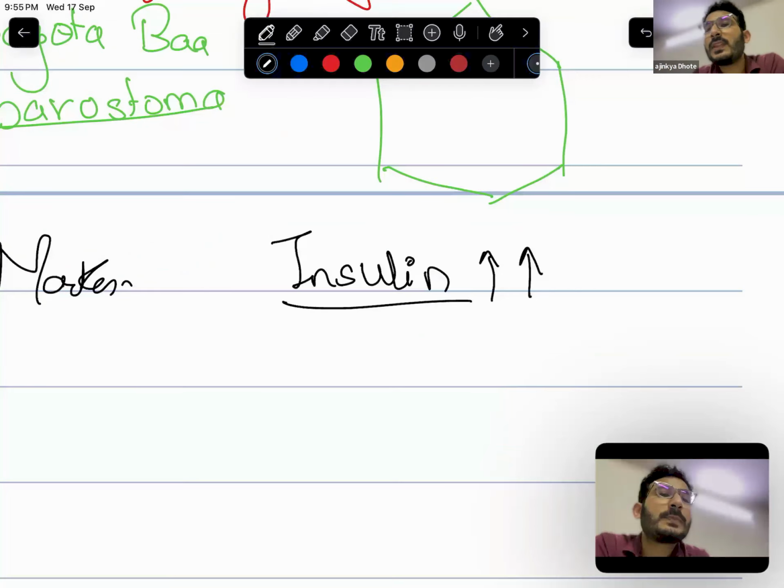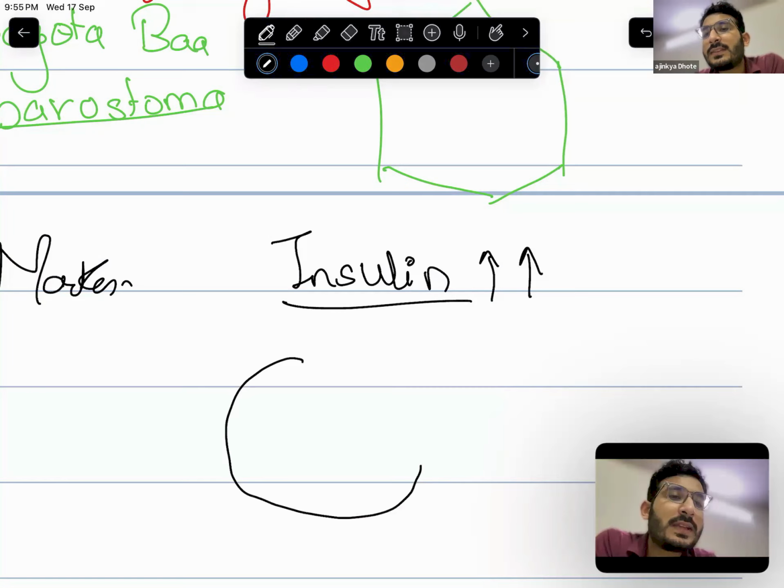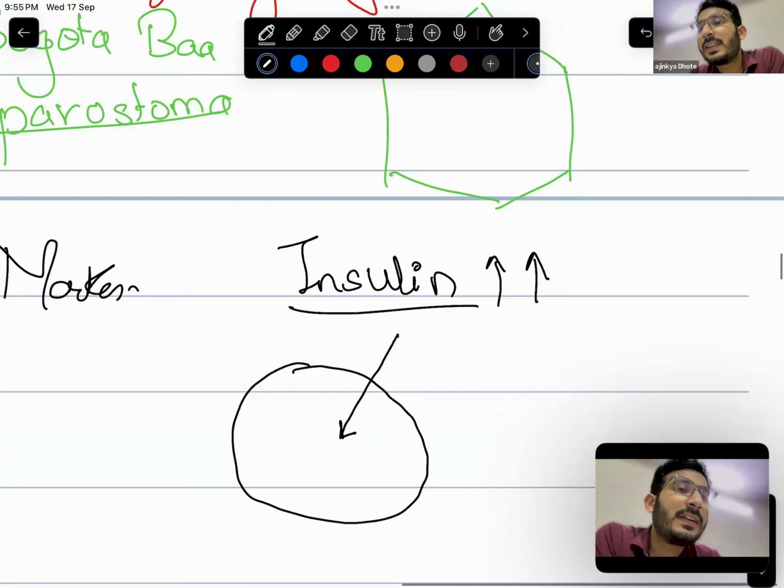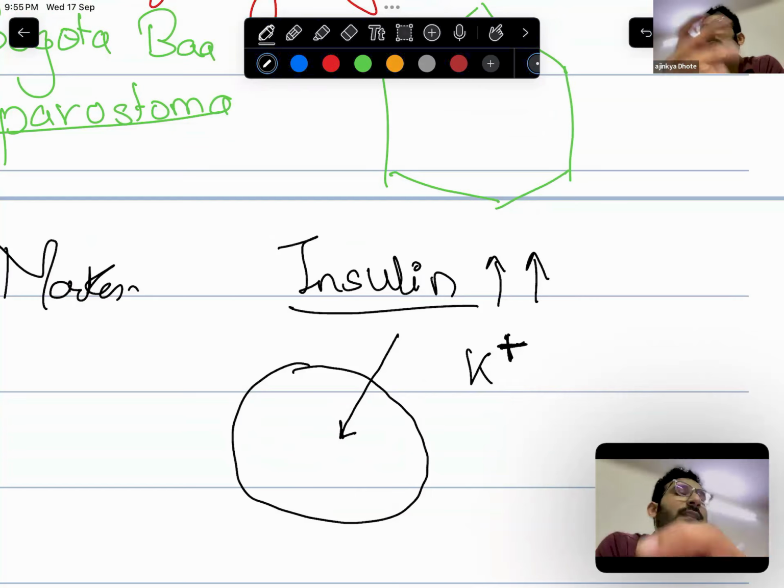Now what happens because of insulin? One most important characteristic of insulin is it causes movement of potassium from the extracellular side to the intracellular side, and that leads ultimately to your hypokalemia. Your cell becomes hungry and it takes up all the nutrients including potassium, is an easy way to remember.